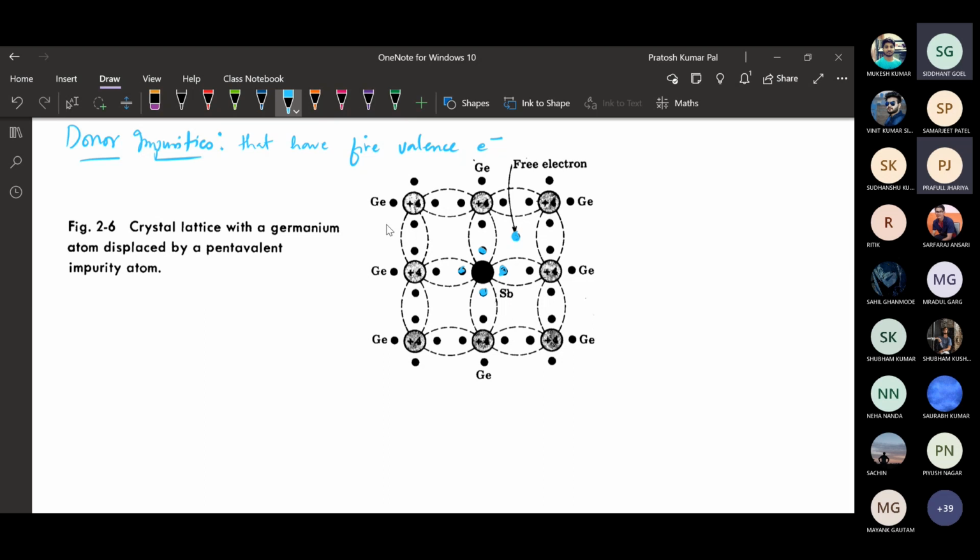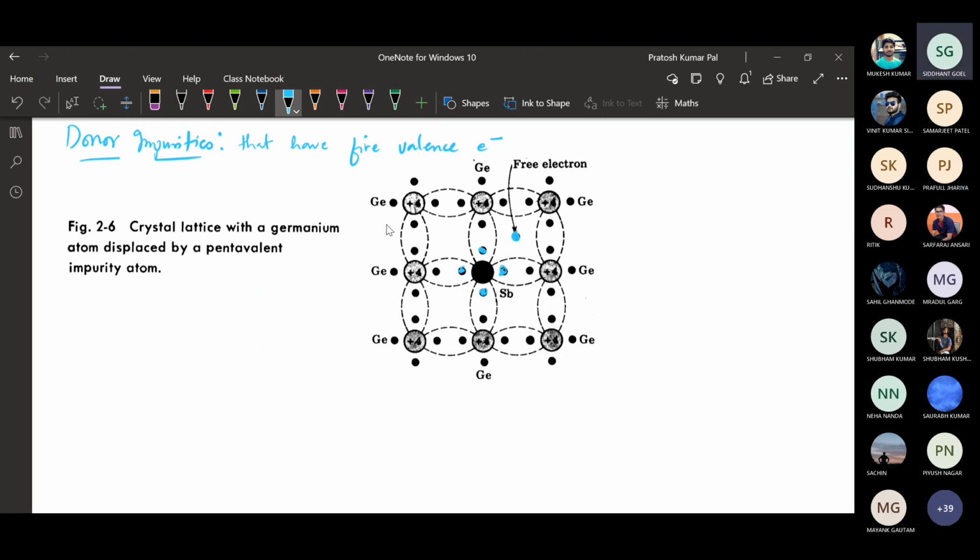So basically, whatever free electron is there, this is called the fifth electron. Here the energy is basically required to move this free electron to some higher energy level.